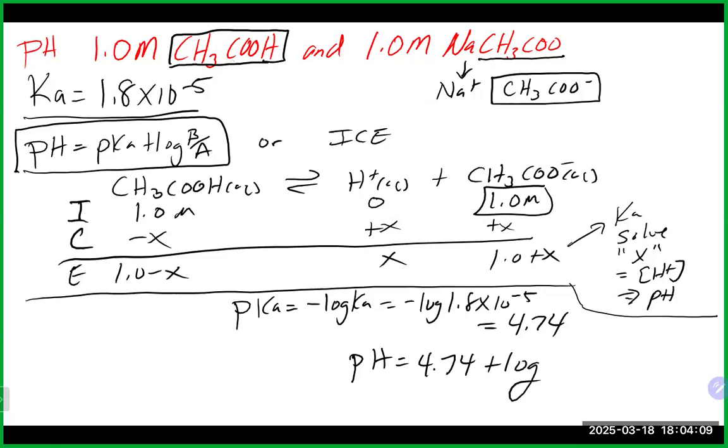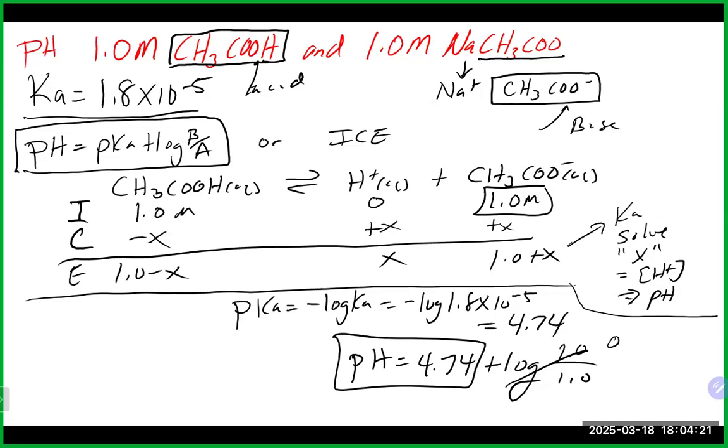In this case, that is my acid and this is my base, right? That would give me 1 divided by 1, which would get me 0. And we would open up this buffer with a pH of 4.74, which would make it an acidic buffer, and the most popular buffer ever used in examples, yes.